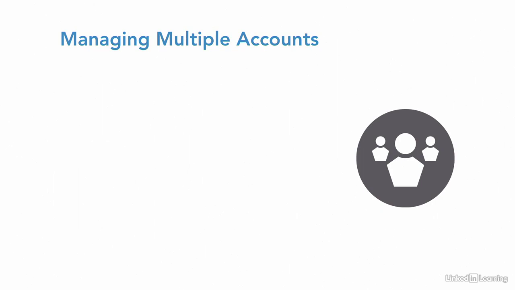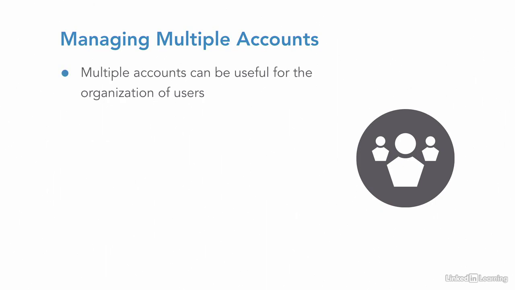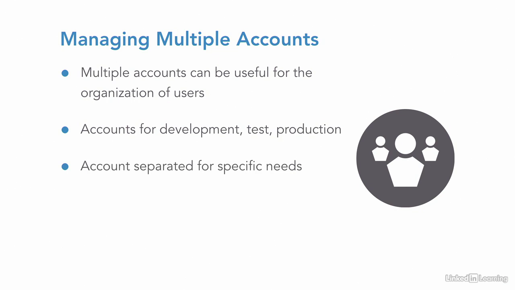If you're using Amazon with multiple accounts, this might be kind of useful for the organization of users within your organization. You might want to break down the accounts into development, into test, into production. You might want to separate accounts for specific needs of your organizations, for security requirements, for location requirements.